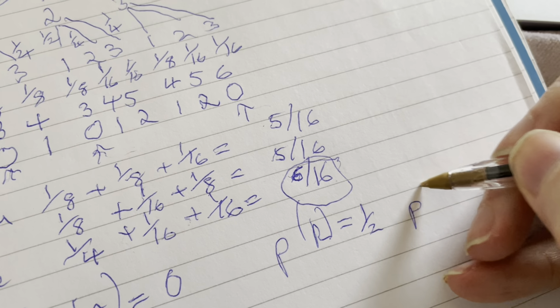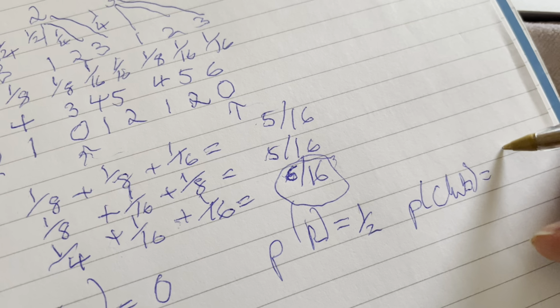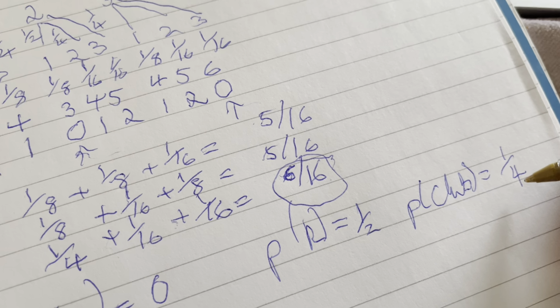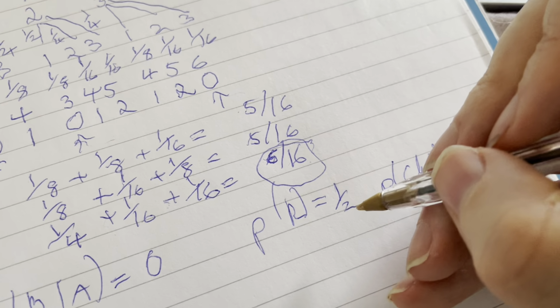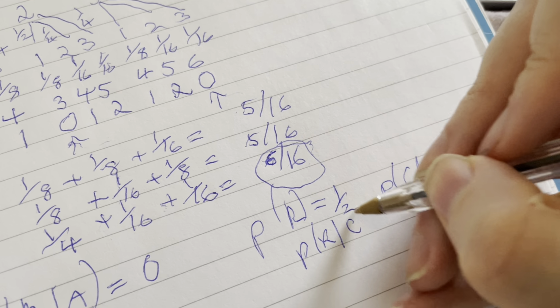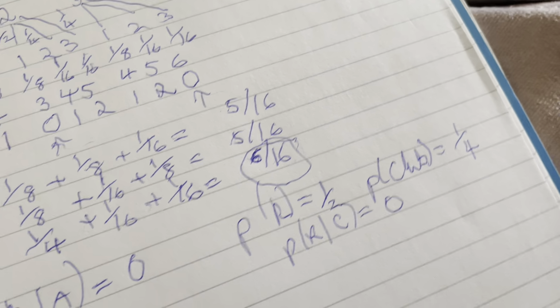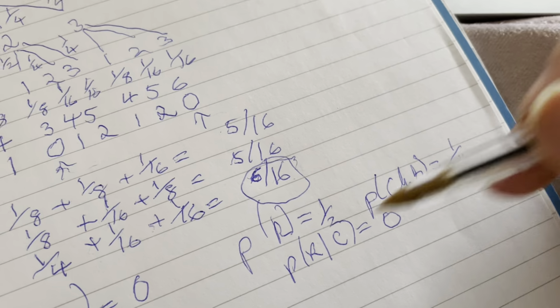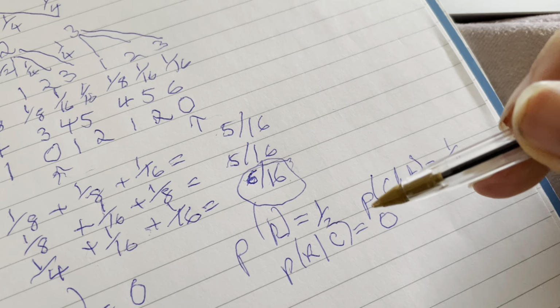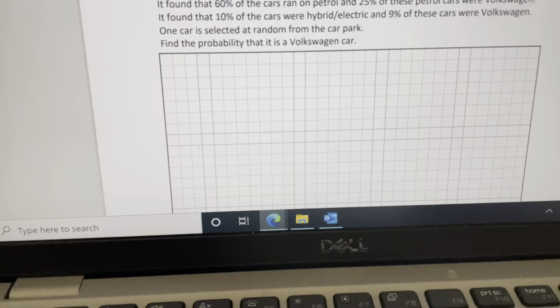The probability that it'll be a club is a quarter, because there are 4 suits. Now, the probability that it's red, given that it's a club, well, it can't happen. You can't have a red club. A club is black, so it's 0. So they're mutually exclusive events. So they might throw that out this year.